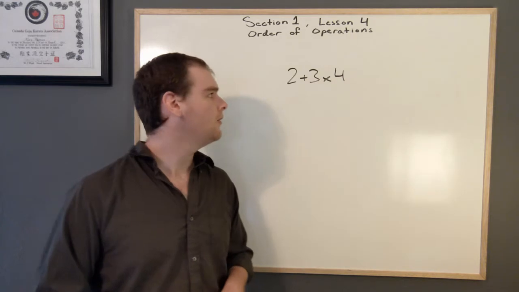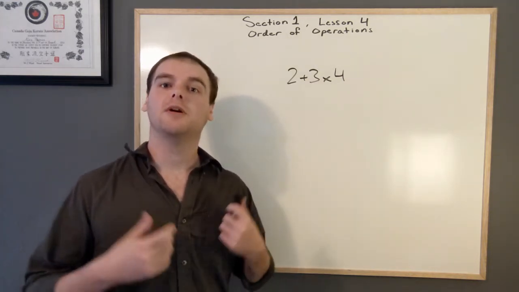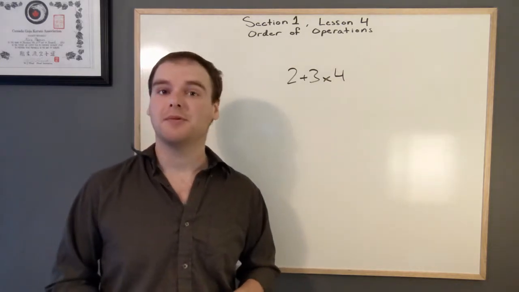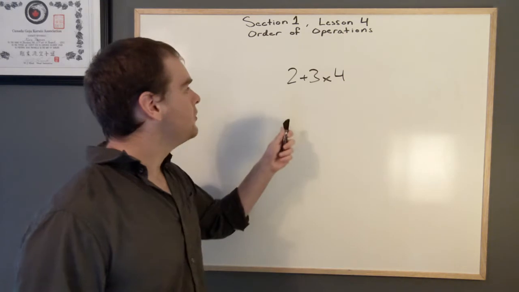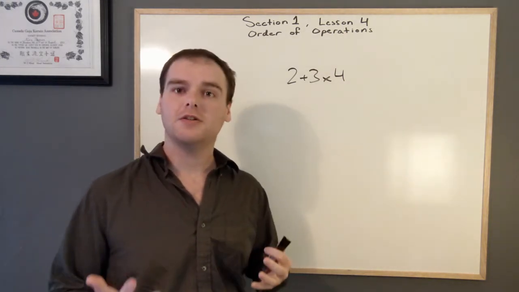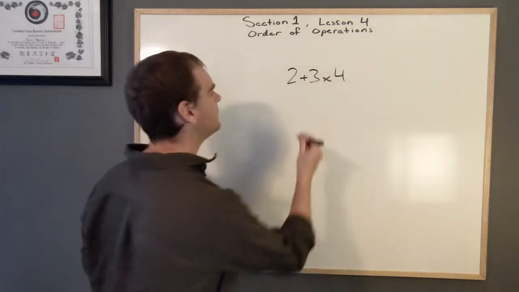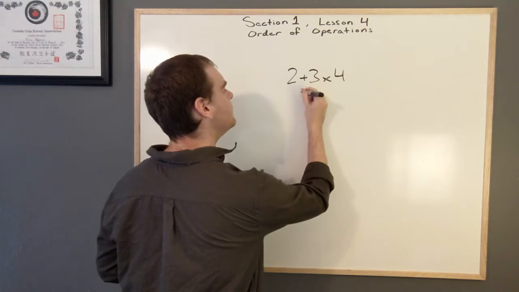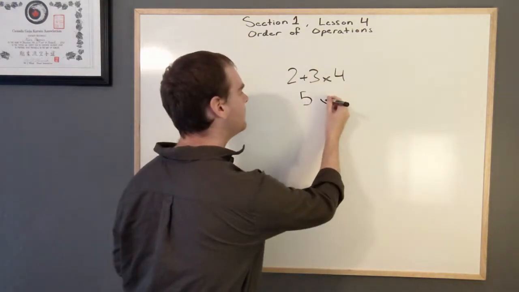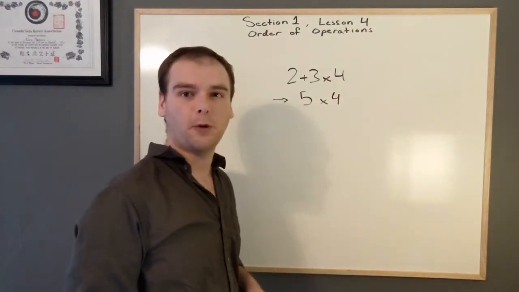To illustrate how doing the operations in different orders gets you a different result, let's consider this simpler example. 2 plus 3 times 4. Now, if I just perform the operations from left to right, 2 plus 3 is 5 times 4.